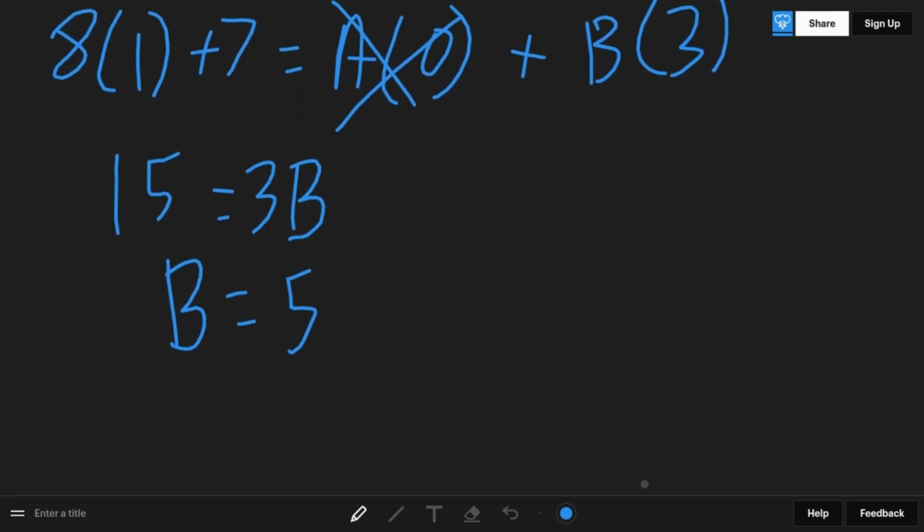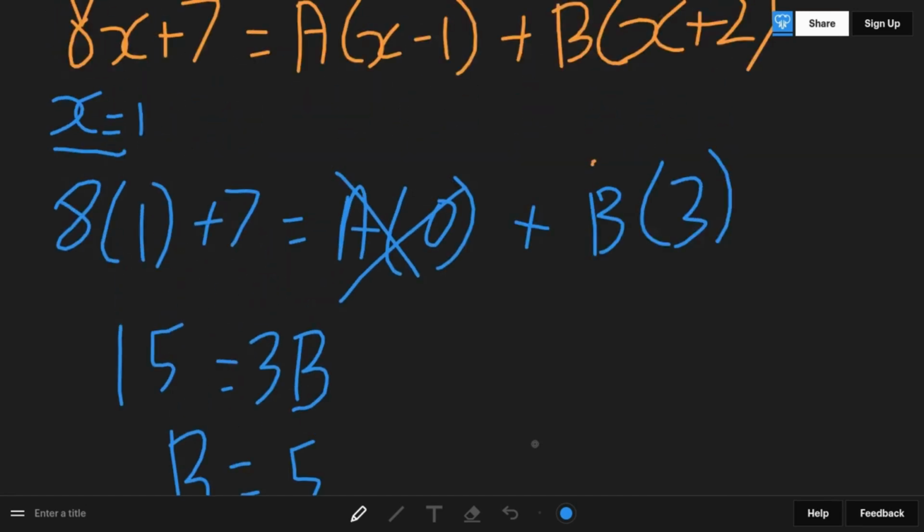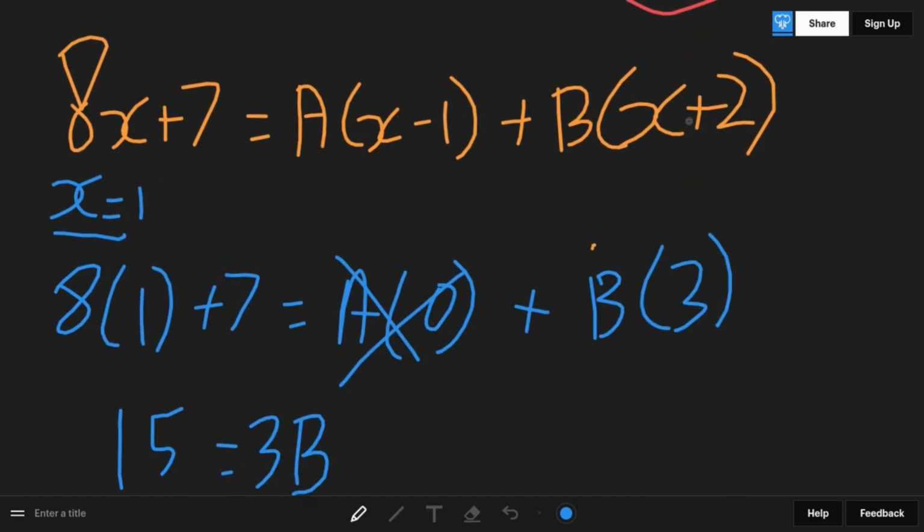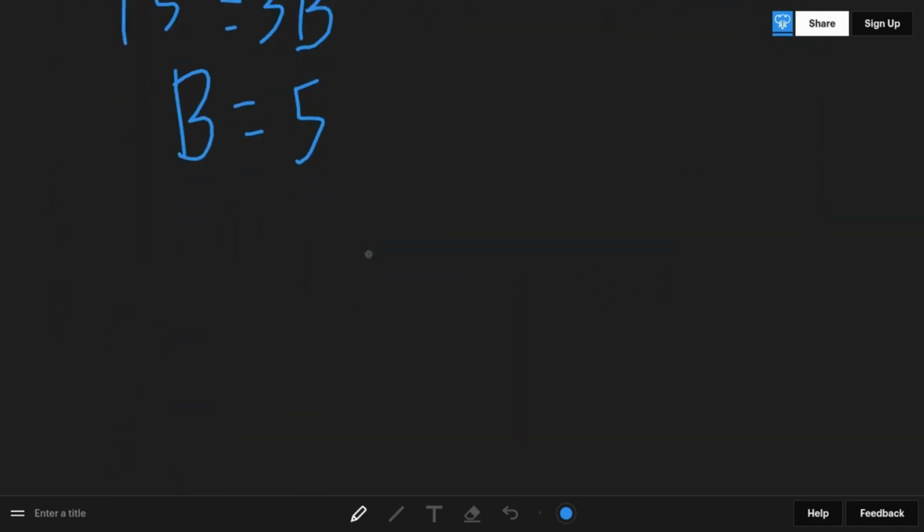Then I'll do the same thing but for the other one. So in this one, to make the b side 0, x will have to be negative 2.